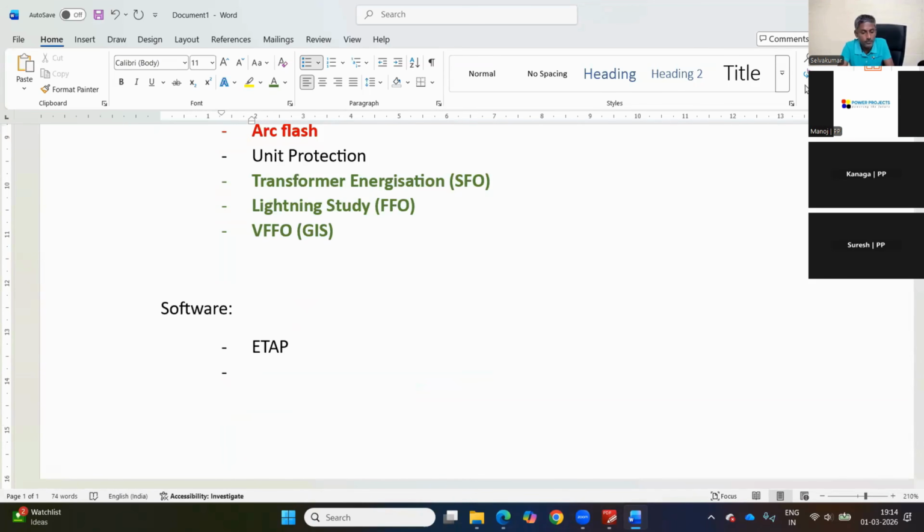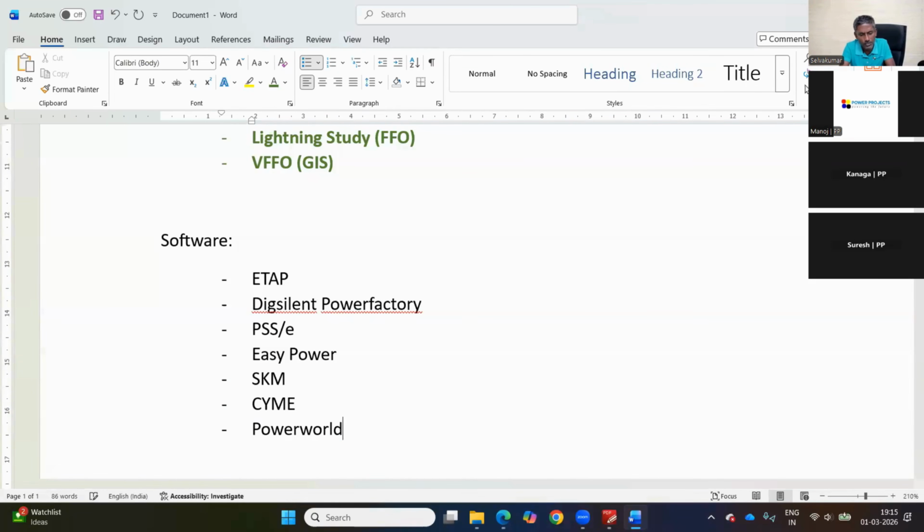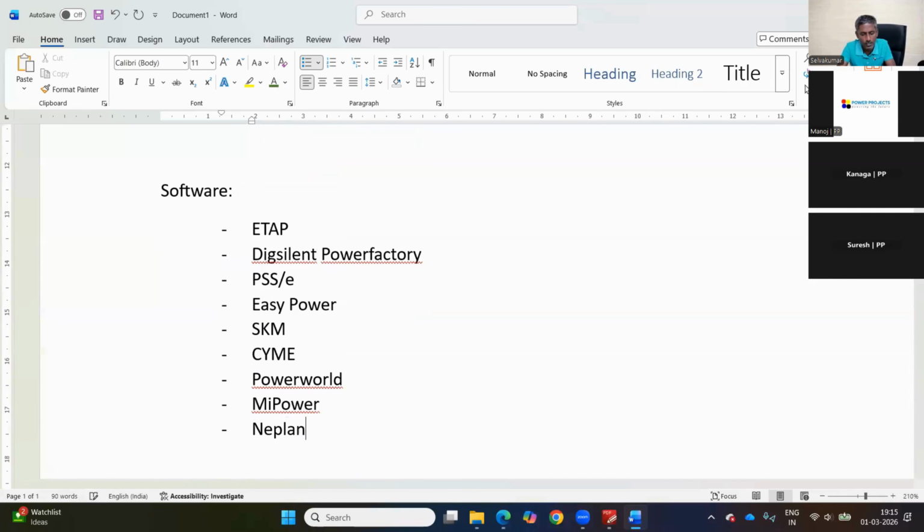ETAP, DIgSILENT PowerFactory, PSS/E, maybe EC Power, SKM, Sine, PowerWorld. There are plenty of power system simulation software packages available. MyPower, Neplan.